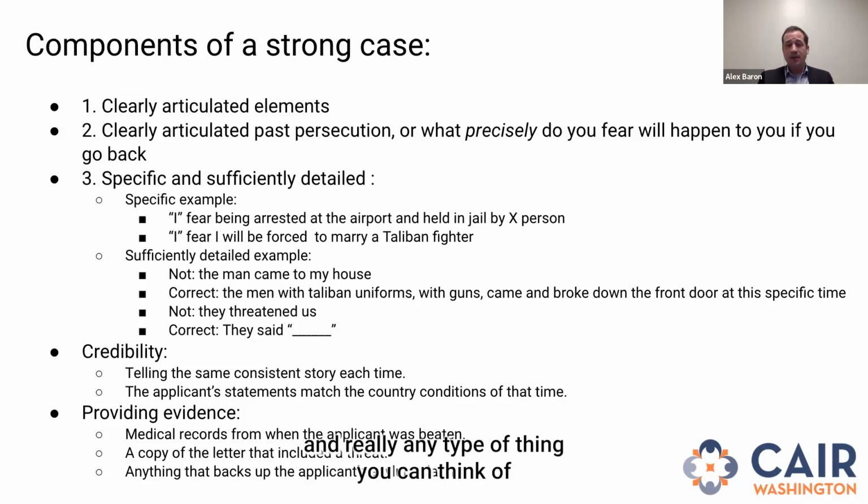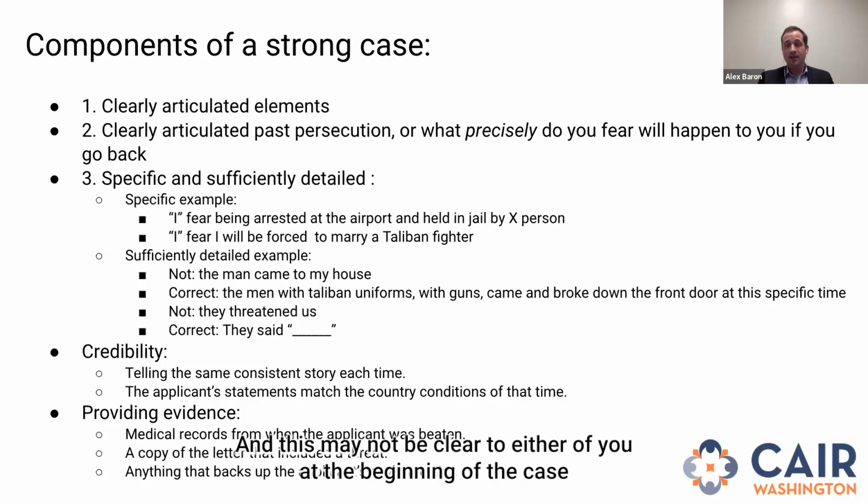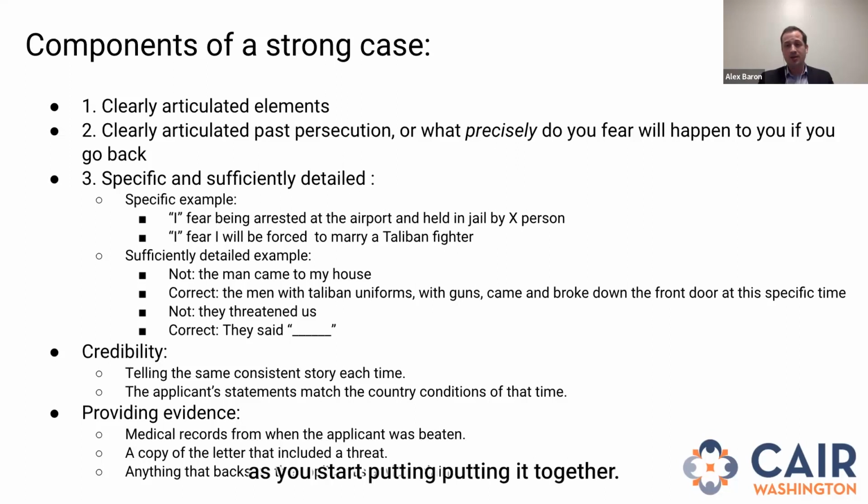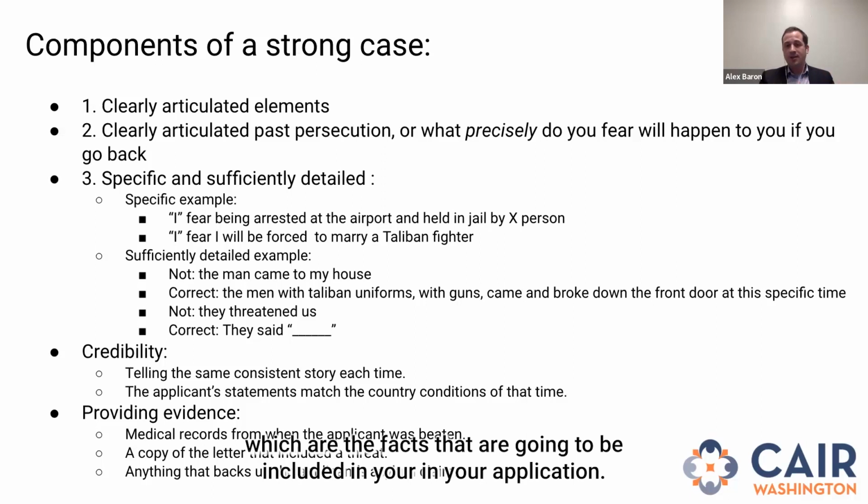And really, any type of thing you can think of, or your lawyer can think of, you want to submit to support your case. This may not be clear to either of you at the beginning of the case as you start putting it together, but sometimes these types of evidence emerge as you and your lawyer are understanding better which are the facts that are going to be included in your application.